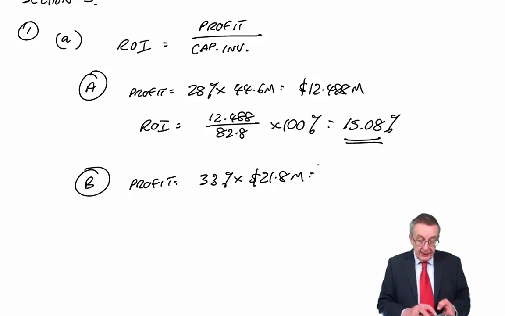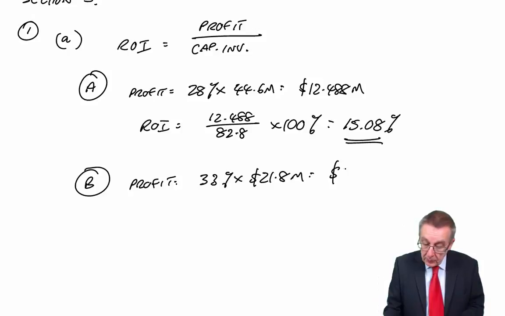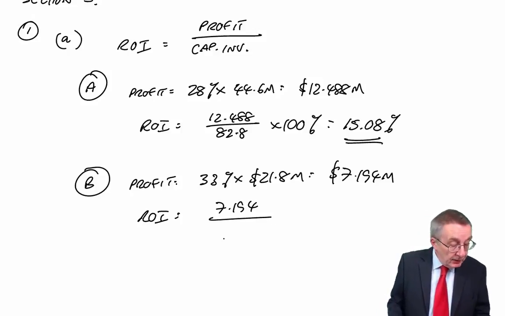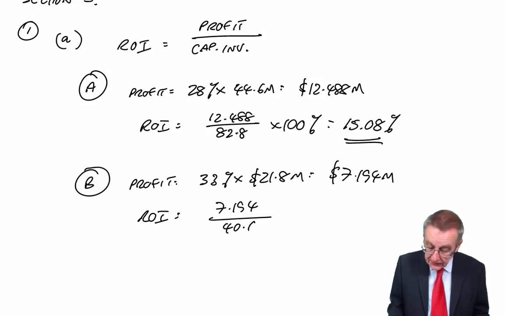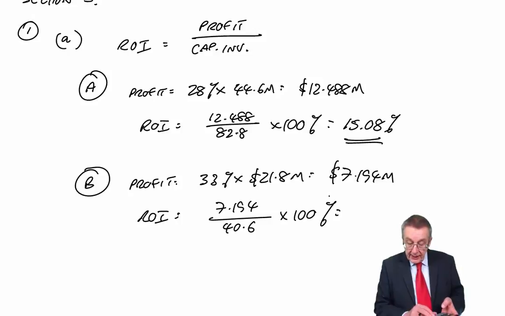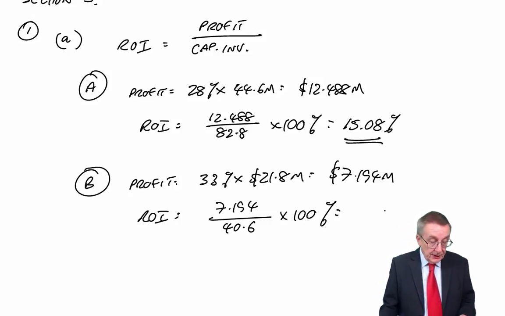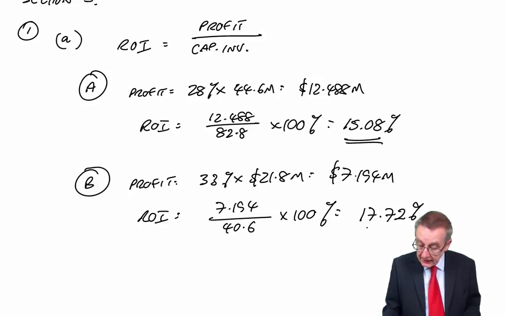So the profit is 7.194 million, and therefore the return on investment, the profit as a percentage of the capital required, 40.6, which is 17.72%.